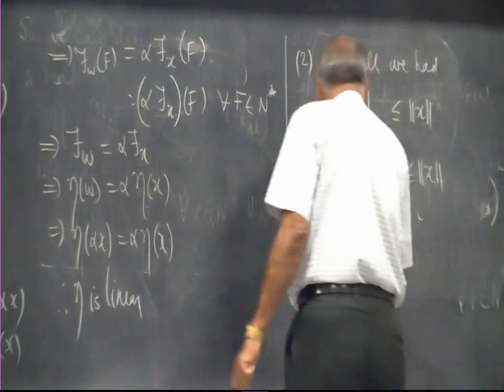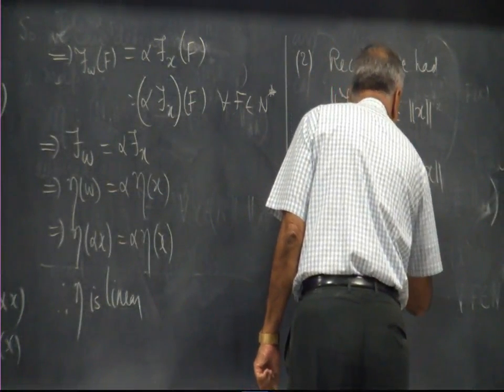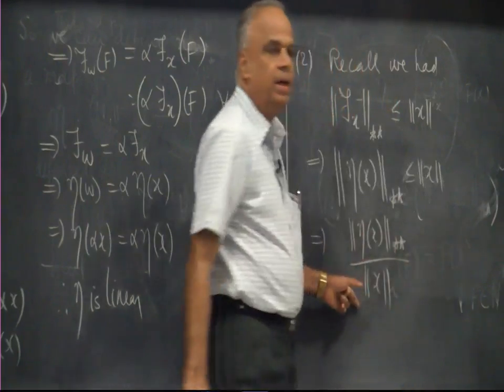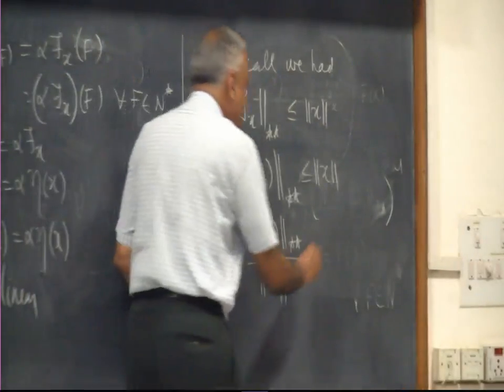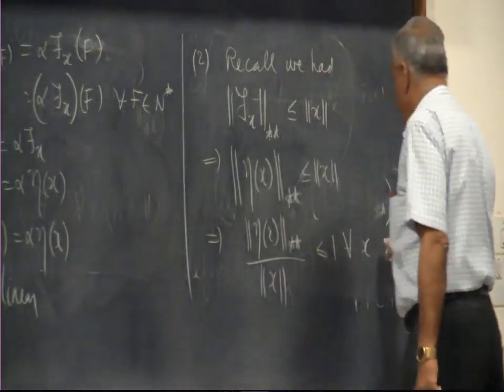So that says norm of eta x divided by norm of x, the changed length to the original length, is at most 1 for every x.